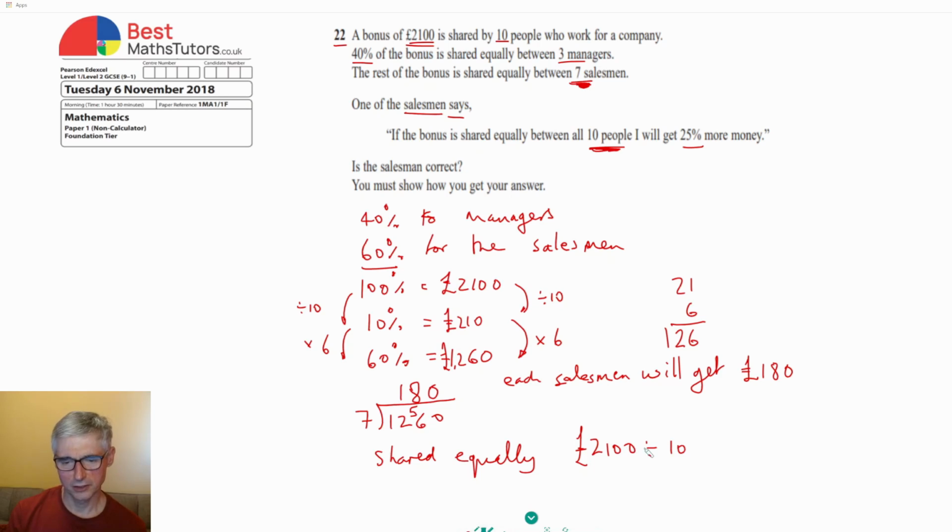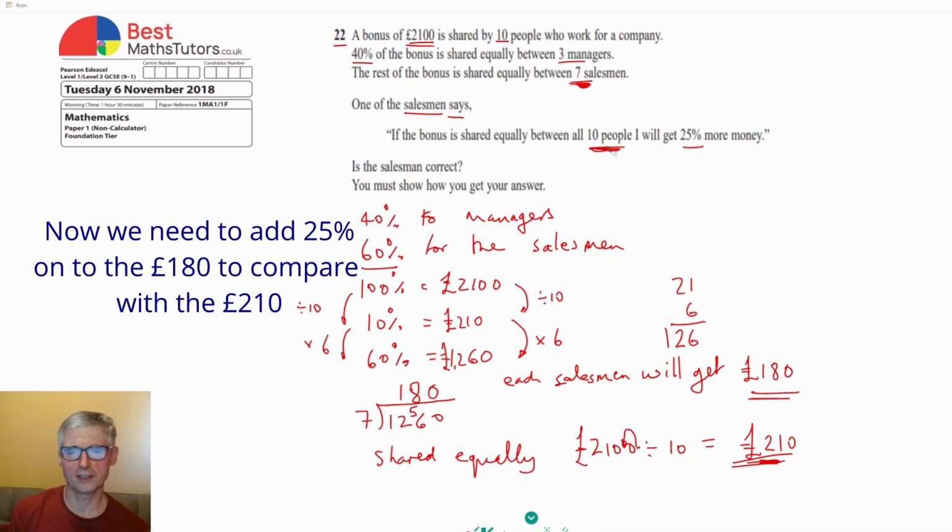Dividing by 10 just means that we move the decimal point back one place. So that means it's now 210. If we'd shared it equally, then each salesman would have got £210 as their bonus.